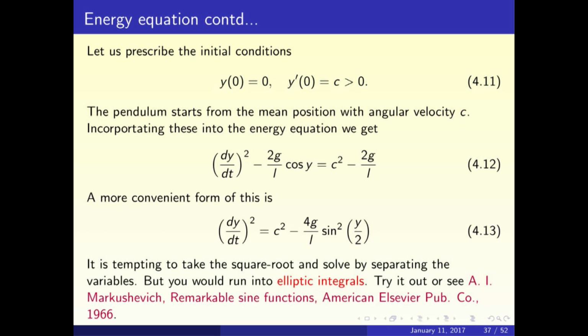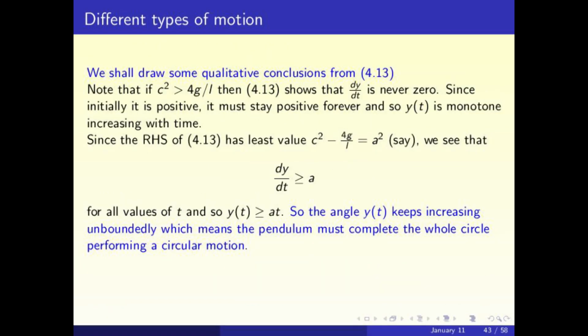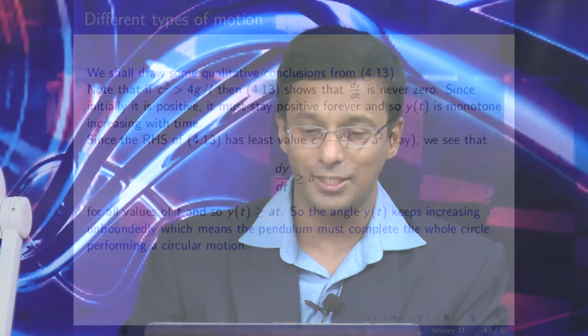And c squared minus 4g by L is positive, say call it a squared. So what do we see? If you put c squared minus 4g by L as a squared, then we see that dy by dt must always be bigger than or equal to a. So y of t must be bigger than or equal to at. So y of t is not only monotone increasing with time, it is increasing at least as fast as at.